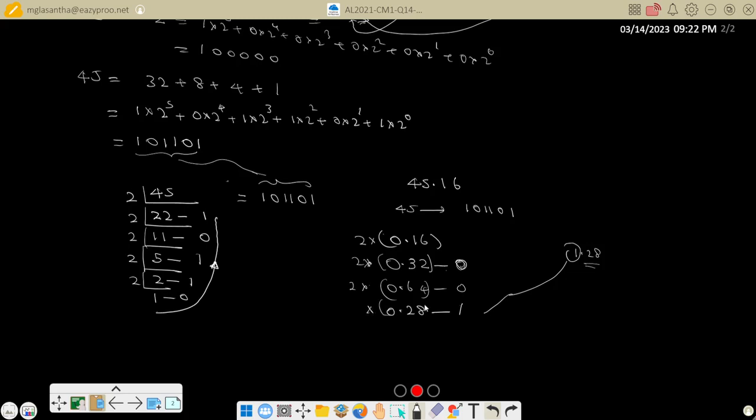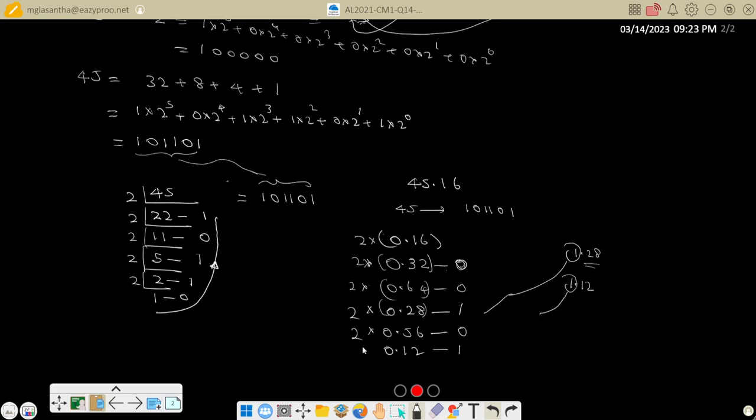Then you multiply this one by 2. Then this equals 0.56. No whole number. Then you multiply this one again, and you get 1.12. You take the 1 here and carry only 0.12.